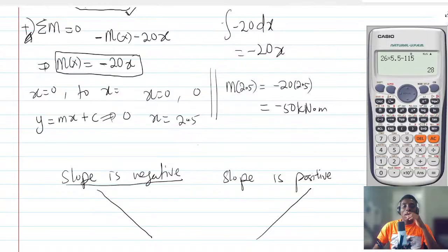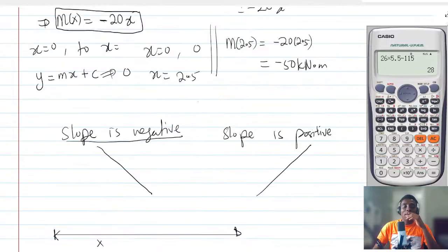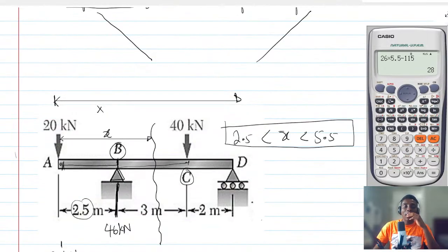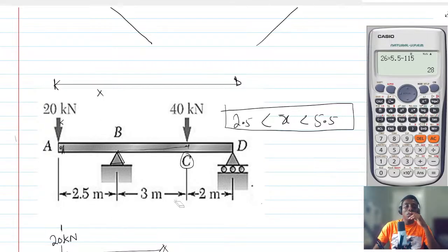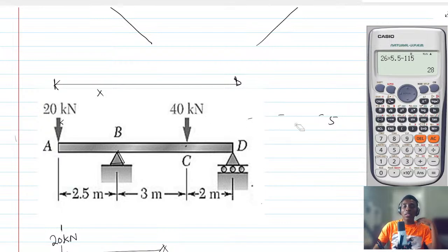Let's do the last part. For the last part, you stand between C and D, and then you cut. So you come and stand here, and then cut.